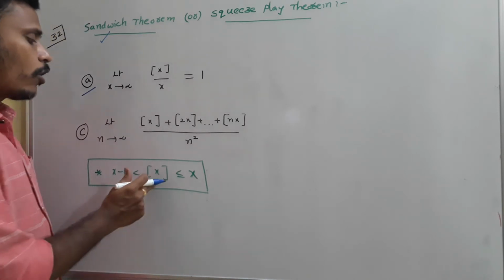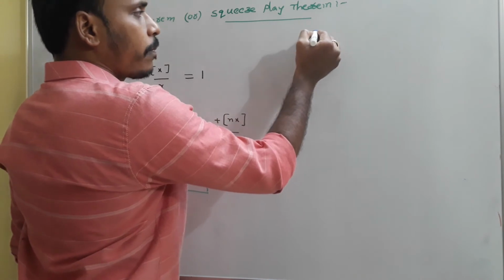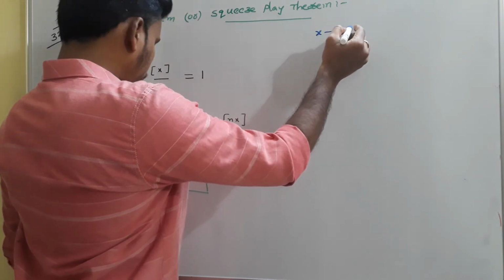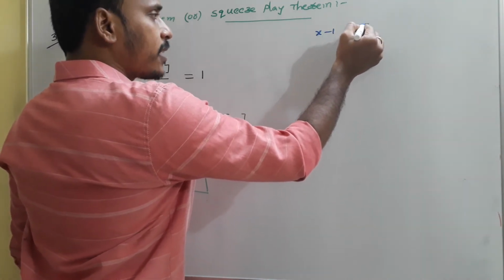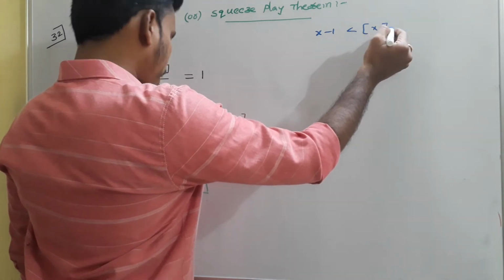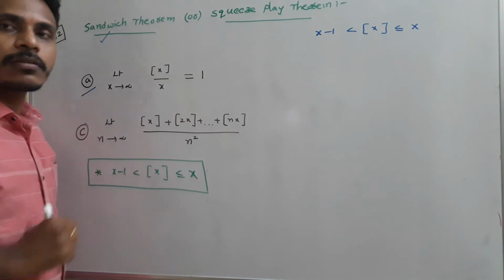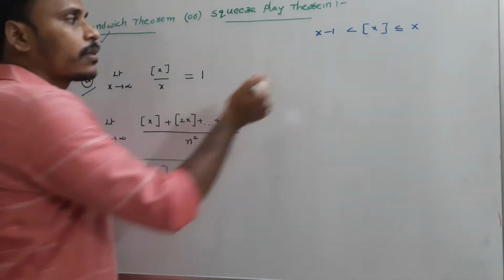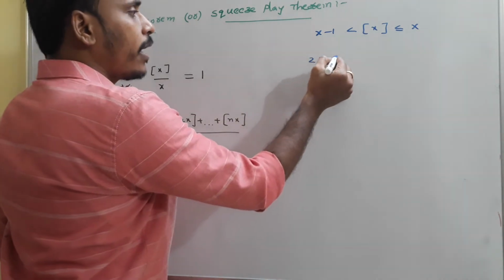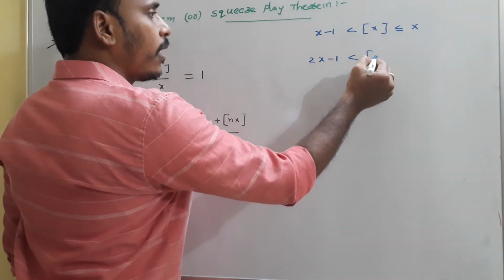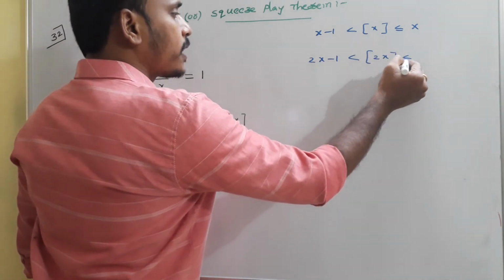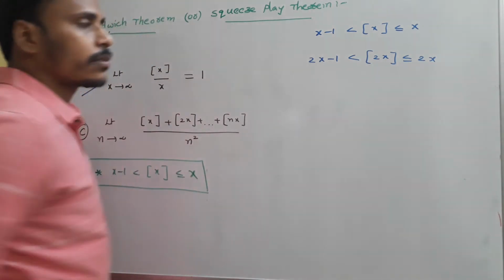First of all, think about x minus 1 is less than step x less than or equals to x. So this is step x. And then step 2x. So 2x minus 1 less than step 2x less than or equals to 2x.